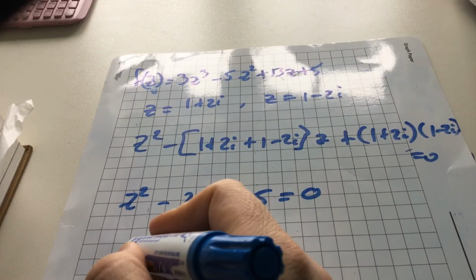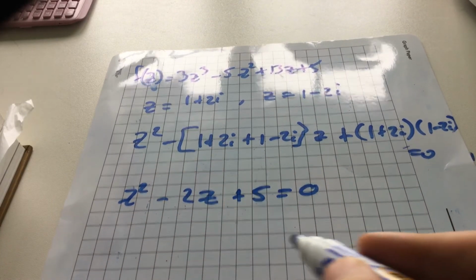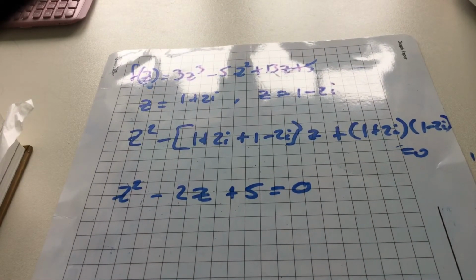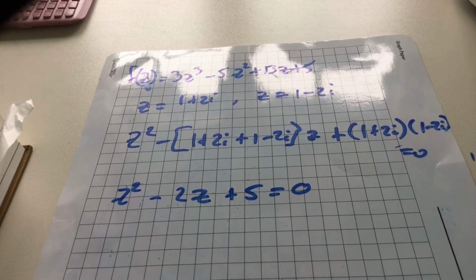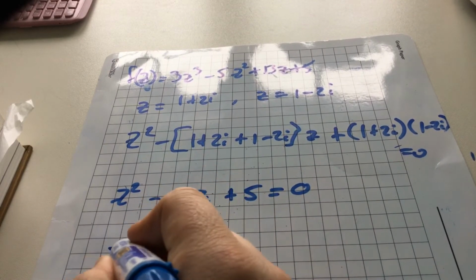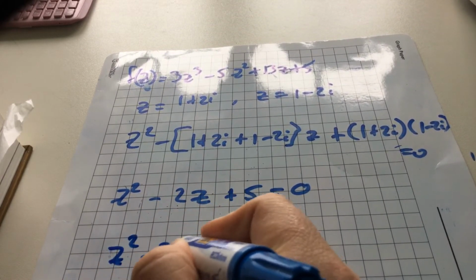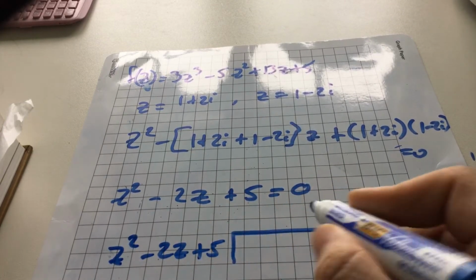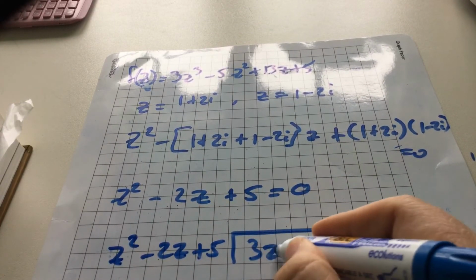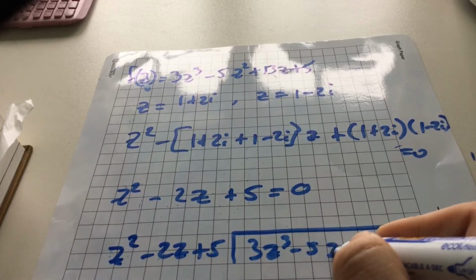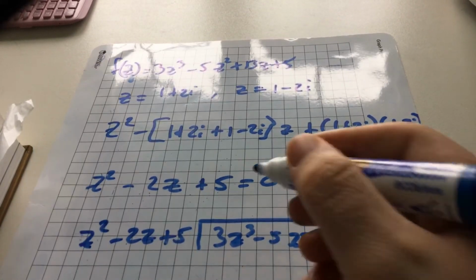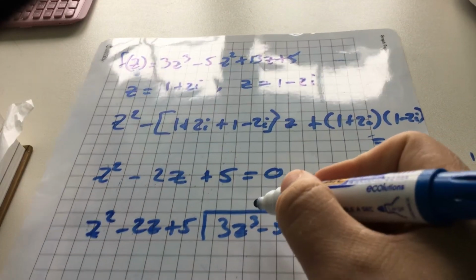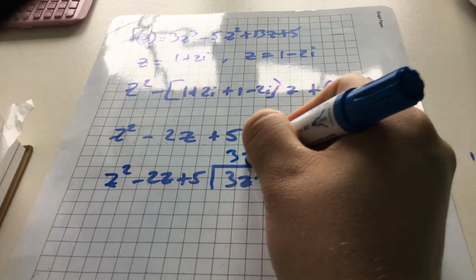So what I can do then is I've got a couple of options. I can use division or I can use my multiplication. If I want to do the division, z squared minus 2z plus 5 into 3z cubed minus 5z squared plus 13z plus 5. z squared into 3z cubed is 3z.